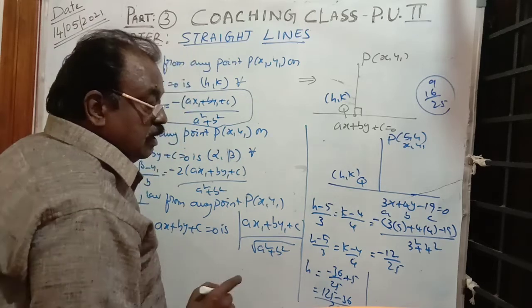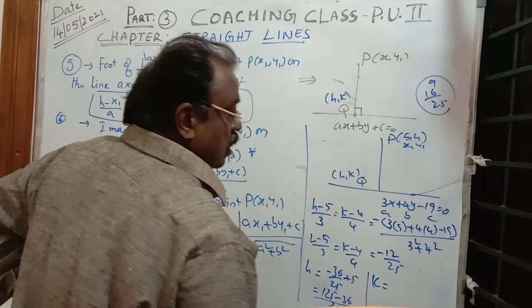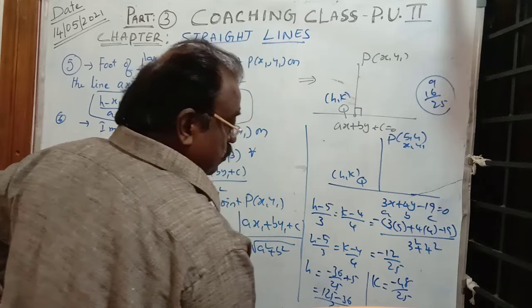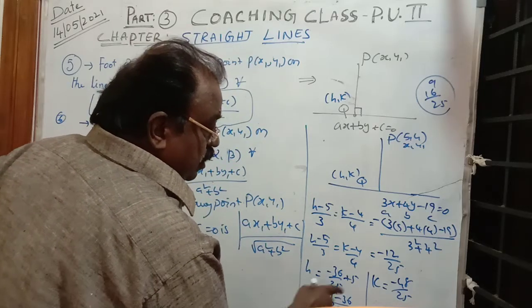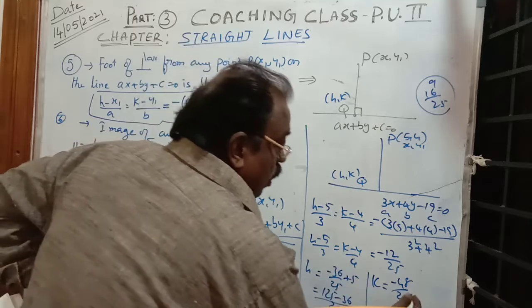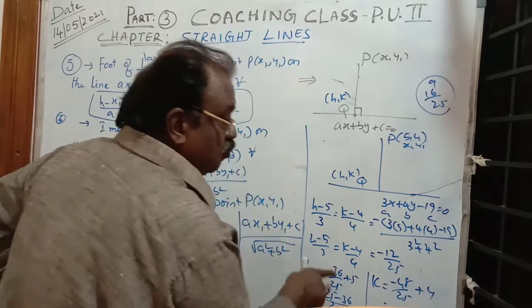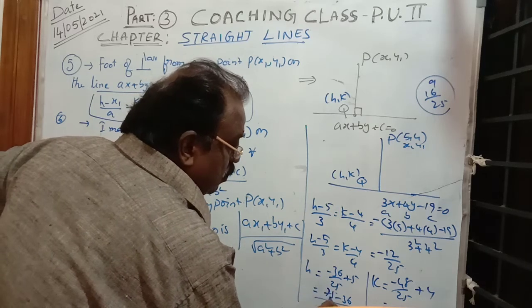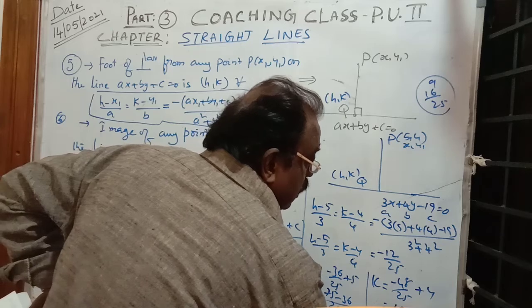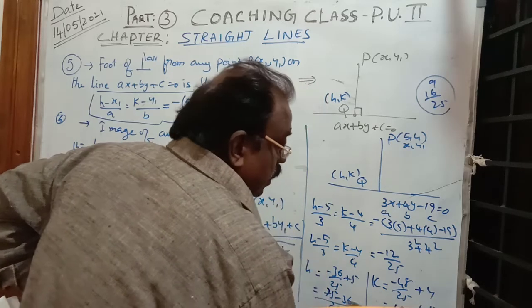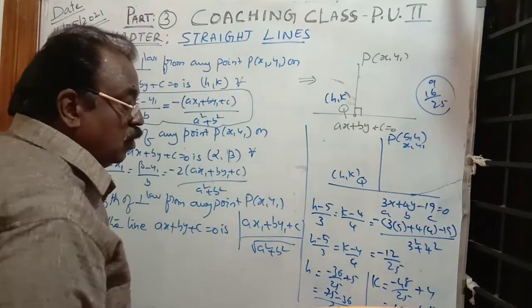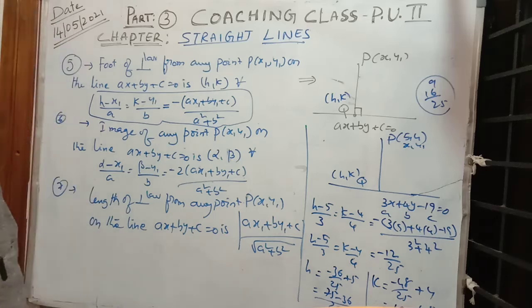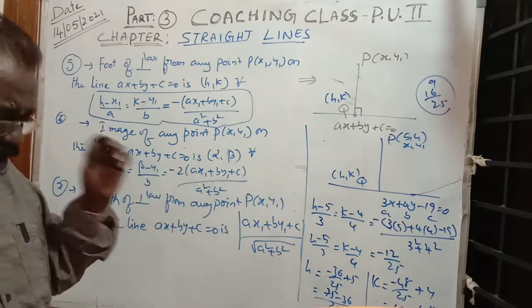Similarly, k is equal to minus 48 by 25 plus 4, 4 is 100 over 25, so if you solve it we will get 100 minus 48 by 25. By using this, we can find the h value and k value. I am giving you just an example.